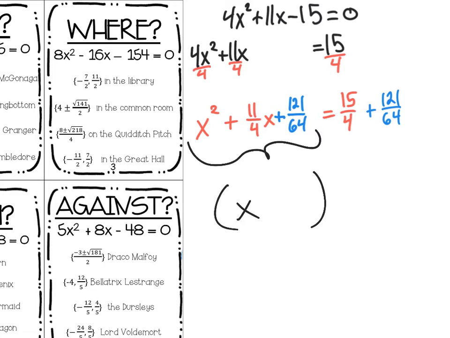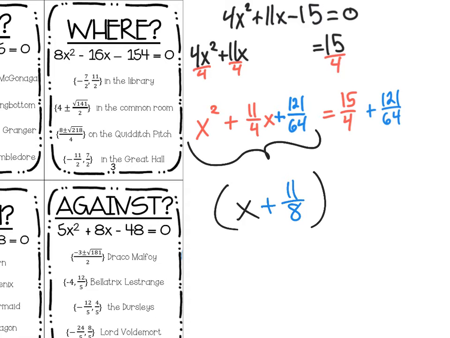That's the trick that you use, because I don't want to find factors of 121 over 64 that add up to 11 over 4. I'm just going to use the shortcut and say, what's half of my b term? Again, it's positive because 11 over 4 is already positive, so half of a positive number is still a positive number.